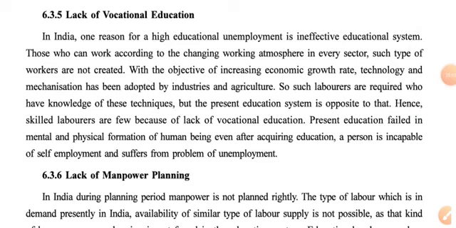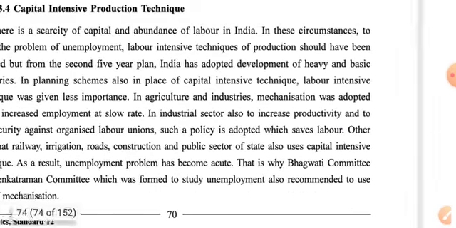Present education failed in the mental and physical formation of human beings. Even after acquiring education, a person is incapable of self-employment and suffers from the problem of unemployment. We'll discuss this point in detail in the next lecture because I want to clarify some more things regarding vocational education. That's why we conclude our session here itself.